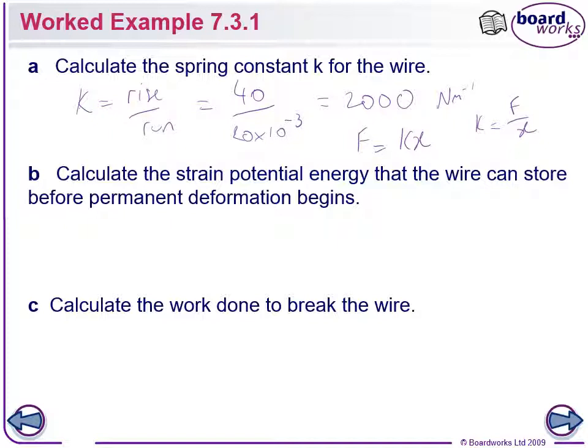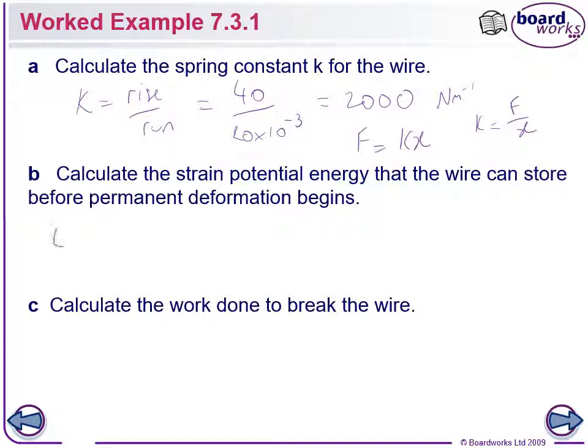All right. Calculate the strain potential energy that the wire can store before permanent deformation begins. So that is the energy that it can store up to the elastic limit. So we need to work out the area under the graph up to our elastic limit. In this case, it's a nice triangle.